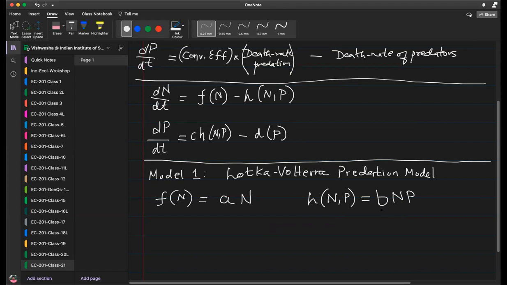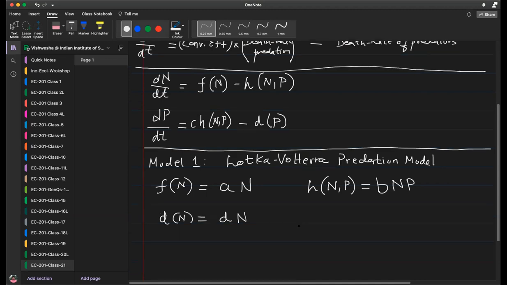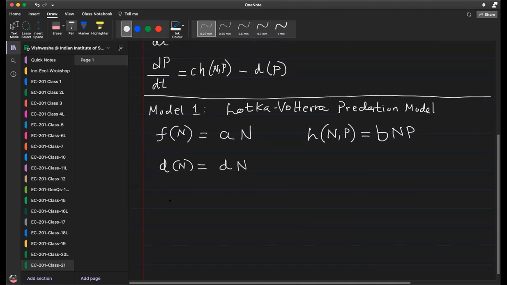Yeah, Holling's type 1 form. And then we have d of n. So this is called the Lotka-Volterra predation model. Let's write this down.